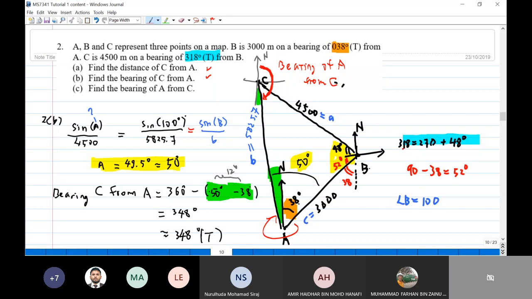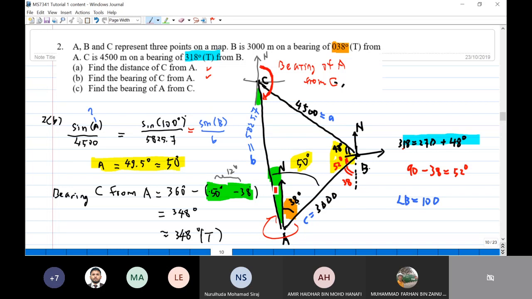So what is this angle here? It's actually related to the green angle. You can see this is 180 minus the green angle, because 180 is a straight line.